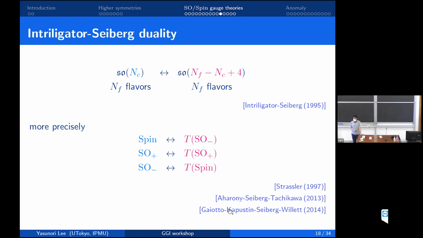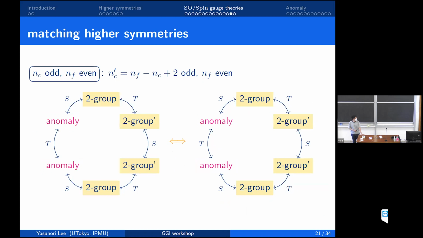So the duality should be a transformation within the same set of theories. Yes, so I think this should be the case. That special case should be a subclass of this, right? Since it should have the same parity before and after the duality, right? Yes, since it is the same number.